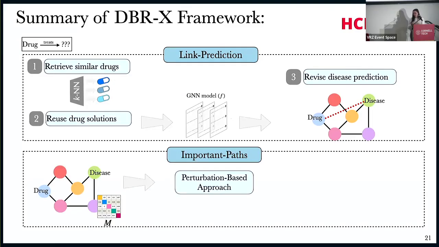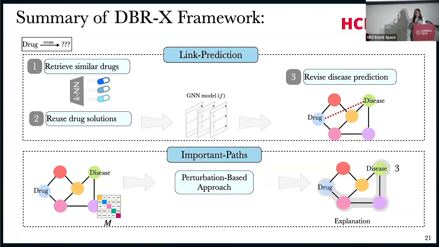And then the important paths module takes this subgraph that we derived from the case-based reasoning approach, and by using this perturbation-based approach with a node-degree scoring function, we are able to find the most important connections in a ranked way.